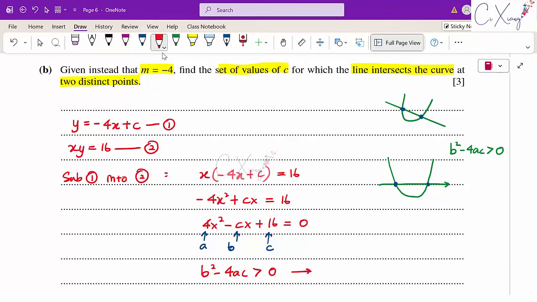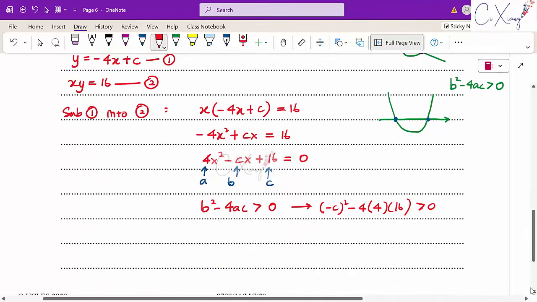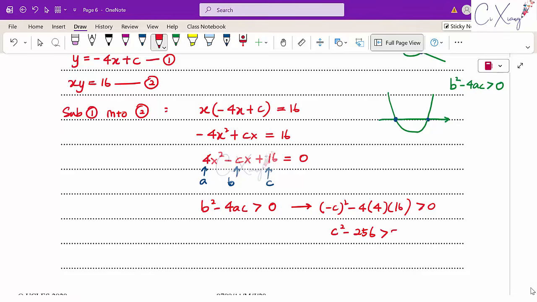What do I get from that? I will have negative c squared minus 4ac greater than 0. If you simplify this part, you'll have c squared minus 256 greater than 0. Then you factorize it, it becomes (c minus 16)(c plus 16).